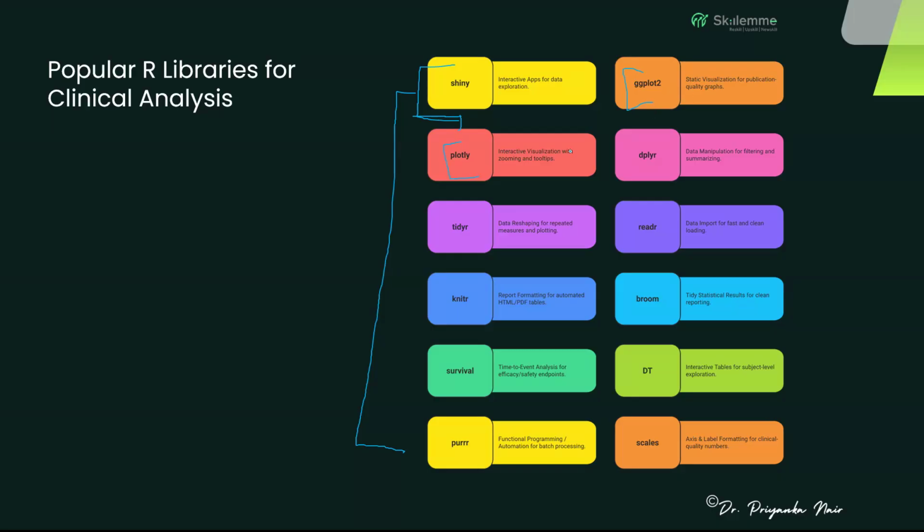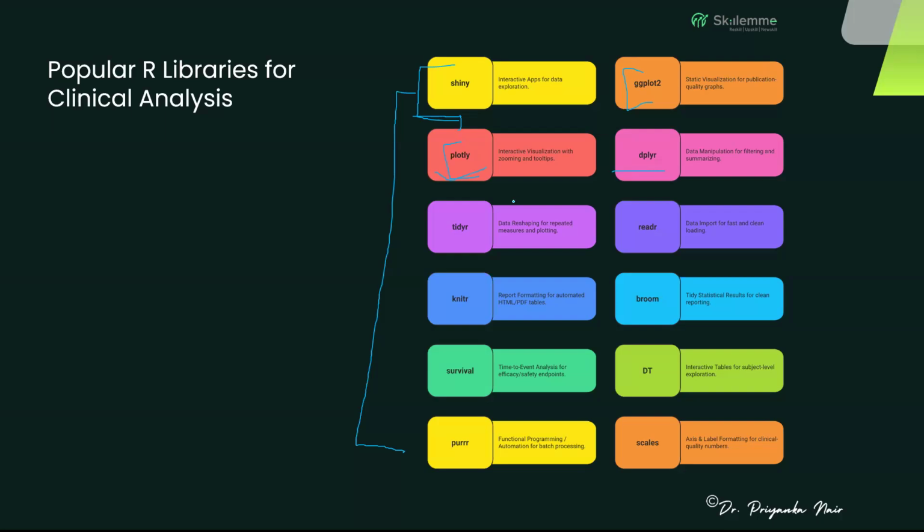However, if you need more interactive visualizations like zooming, hovering over the data set, or dynamic exploration, all of this becomes easier with Plotly. ggplot is more of a static visualization for publication and good quality graphs. dplyr is basically your main toolkit for filtering, grouping, summarizing, and transforming the clinical data set. Of course, we cannot use it in the raw format, right?